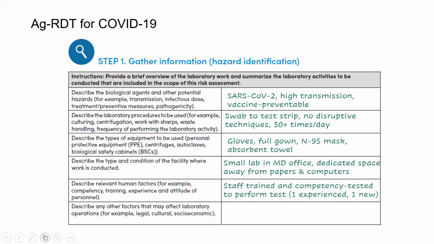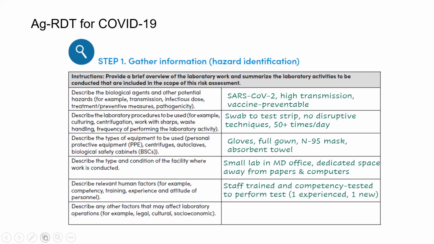They have one experienced staff member and one brand new, but it doesn't really play in here because the procedure is so simple. If somebody's trained to perform an antigen test, it doesn't require a lot of training. So if they've already been proven competent, I don't think this is as important for this type of test. It doesn't increase likelihood as much.